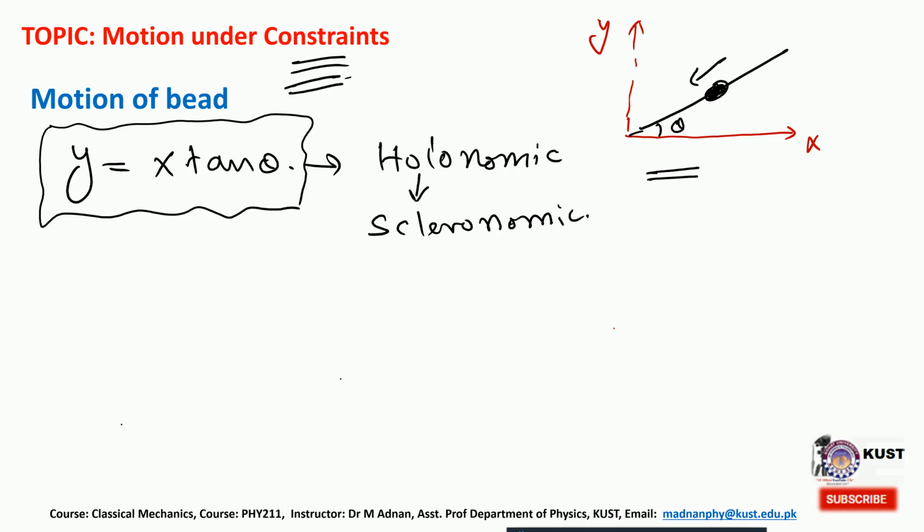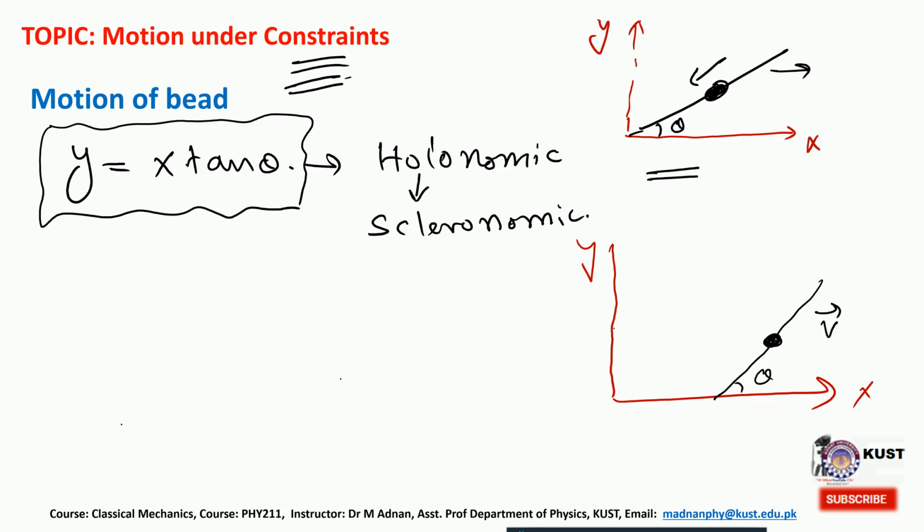Now the same motion of bead can be rheonomic if that wire is moving with some velocity. For that situation, let we have the coordinate axis, and let at any time t it is here, at angle theta, and that system is not stationary but rather moving with the velocity v parallel to the x-axis.